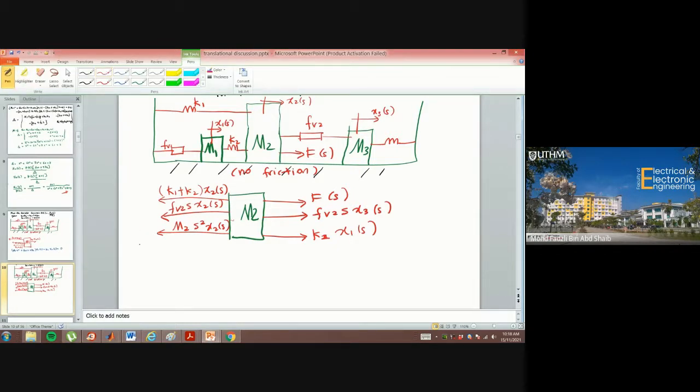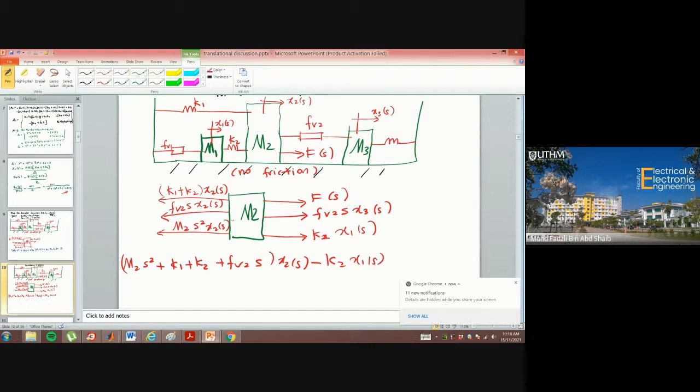The equation of M2 means M2 s square plus K1 plus K2 plus FV2 s, S2(s), right? Minus K2 S1(s), okay?